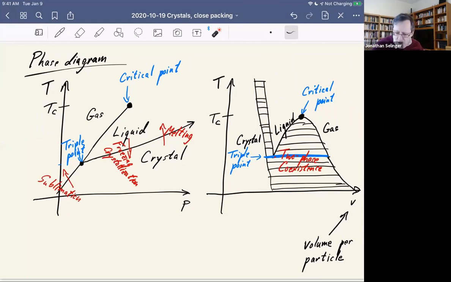Okay, so those are some general comments about crystals. I should mention that there are a lot of different kinds of crystal structures. When you take courses about material science or about solid state physics, they really go through a lot of crystal structures in detail.